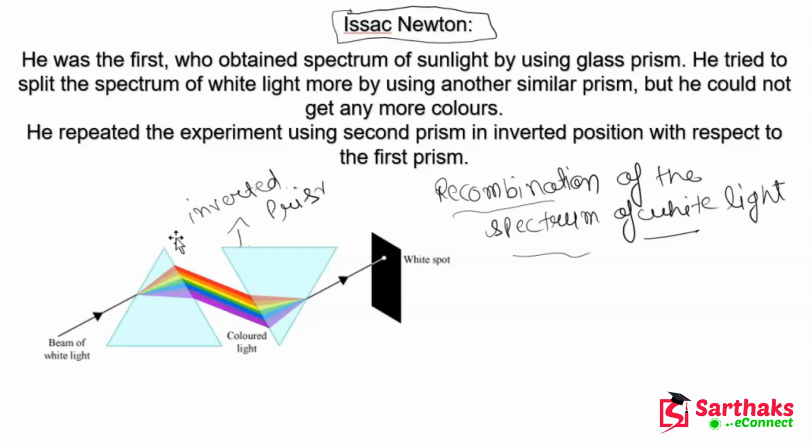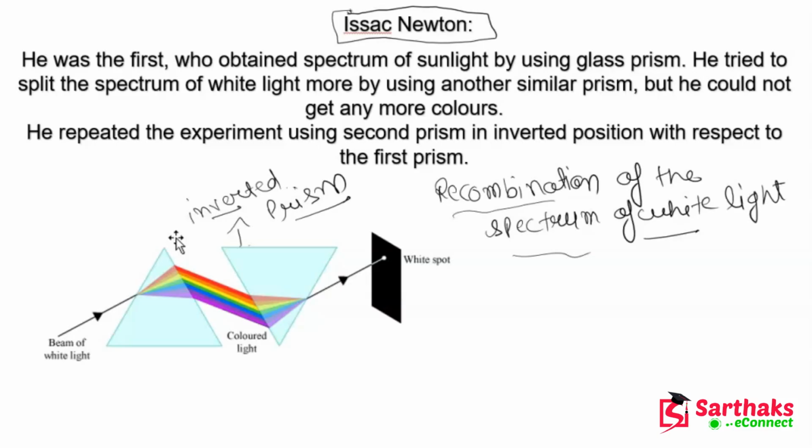So what happens when he places this inverted prism? He observed that the light again recombined and converted into a beam of white light.